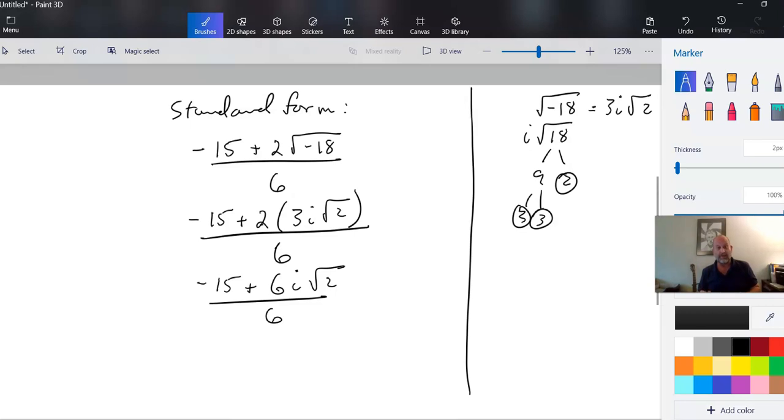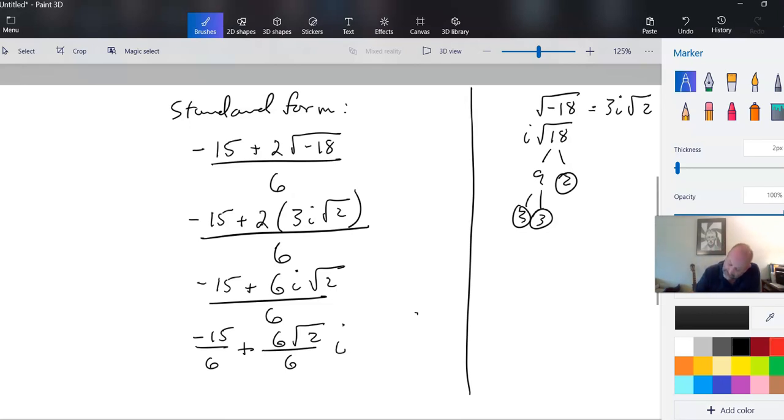Now that we're there, we can split this up over the fraction, right? So this is negative 15 sixths plus, in fact, I'm going to go ahead and pull that i out now, 6 root 2 over 6 times i, right? So we're looking at that. All we have to do now is simplify the two fractions that are here.